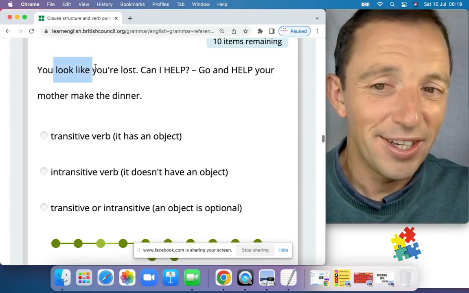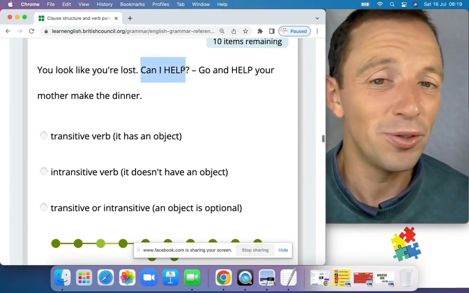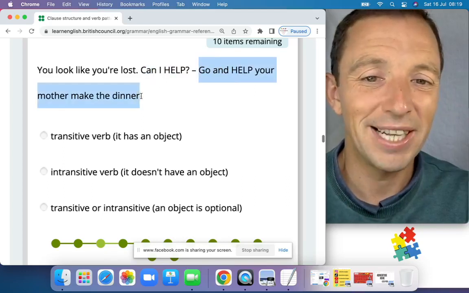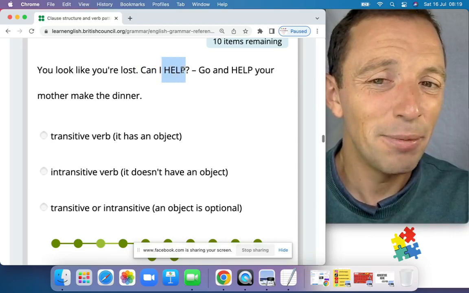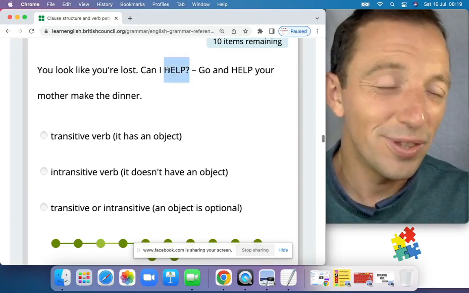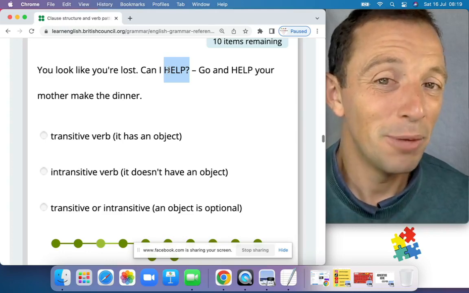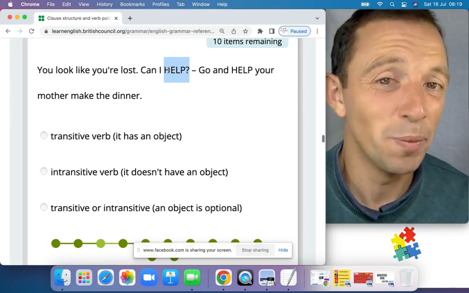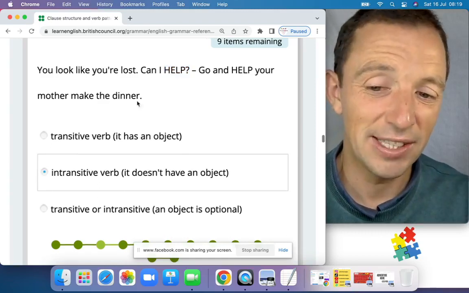You look like you are lost. Can I help? Another question, so I am confused. Go and help your mother make the dinner. The verb is to help. The affirmative, I can help: there's no object, but the assumption is help you. Can I help you? So I think that's intransitive.